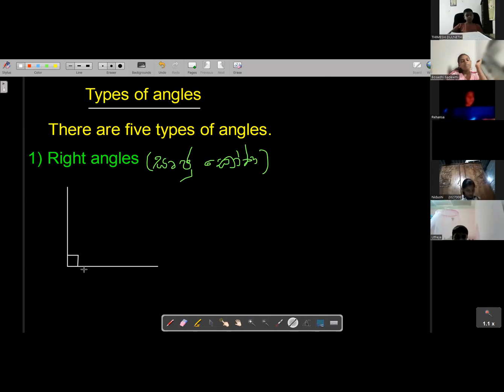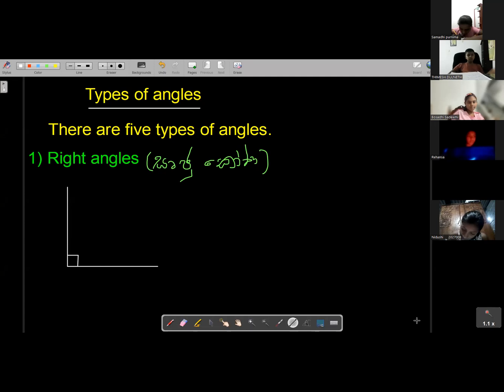Right. Quickly you draw the shape of the right angle in your book.